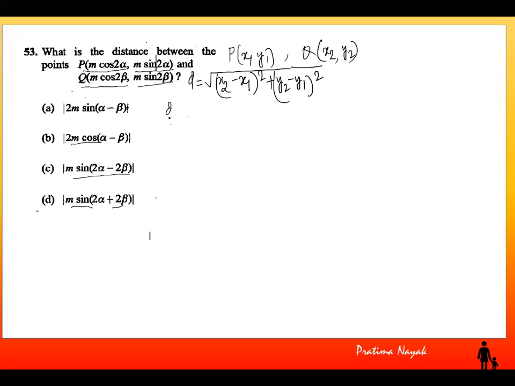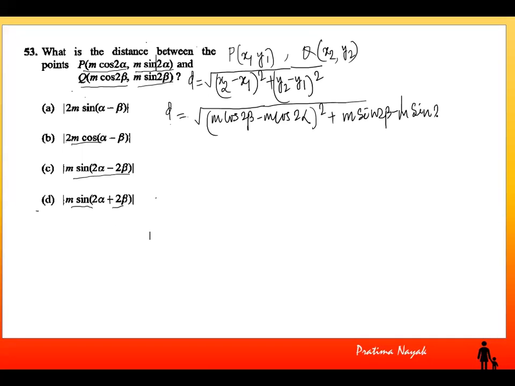So the distance is equal to square root of (m cos 2 beta minus m cos 2 alpha) square plus (m sin 2 beta minus m sin 2 alpha) square.